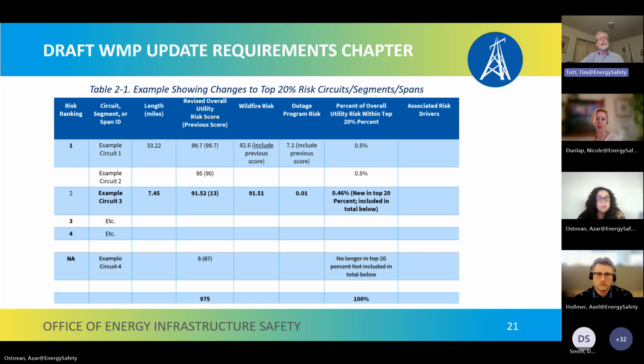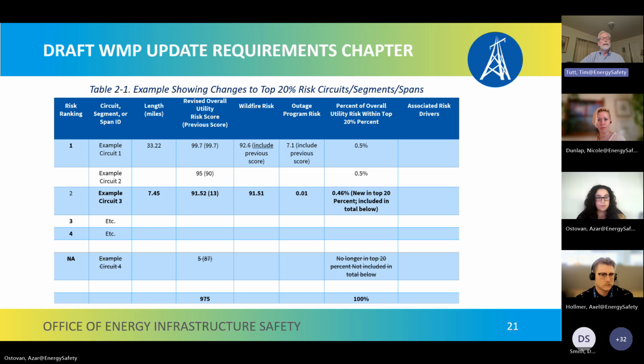And then example 1 here is a circuit which was previously in the risk ranking prioritization, and it remains in the risk ranking prioritization, with no change in the risk scores. Example circuit 2, again, was in the risk prioritization and it remains in the risk prioritization, but there has been a change in the risk scores. We want to see that change.